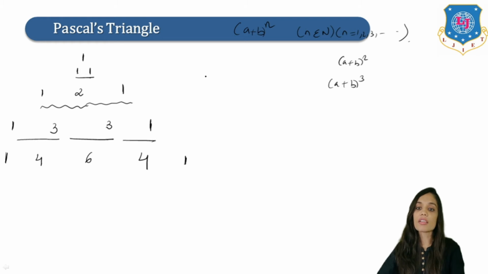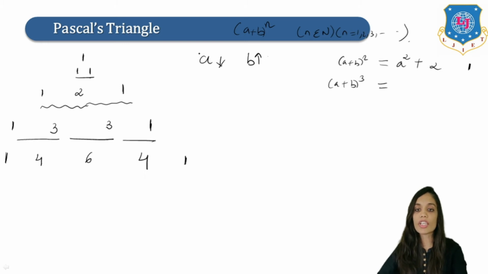Now let us study how to write the expansion of these using Pascal's triangle. First I said that whenever you are using the binomial theorem, you have to decrease the power of a and increase the power of b. So firstly we will start with a square. Now write the coefficients: it is 2 and the last coefficient is 1.